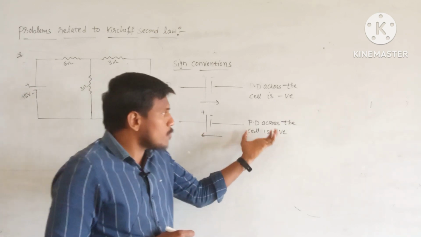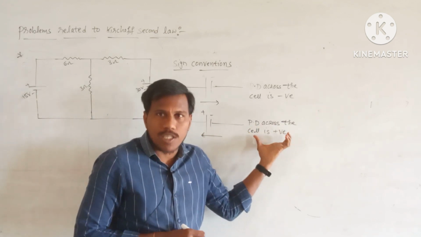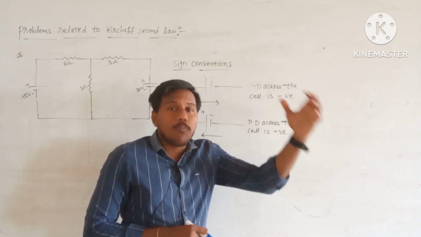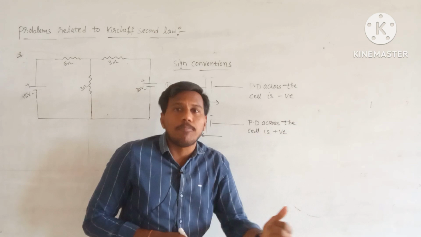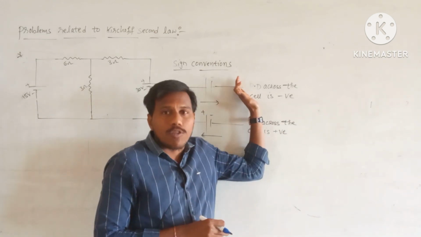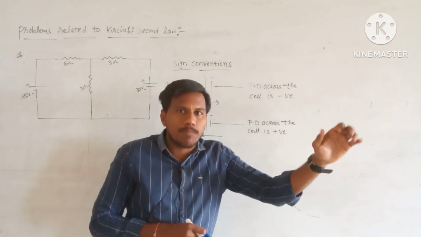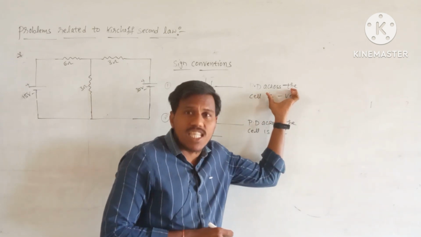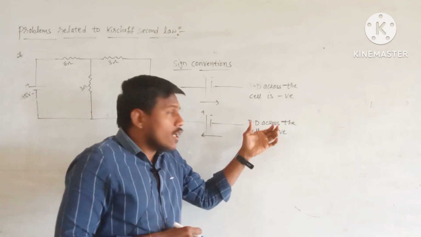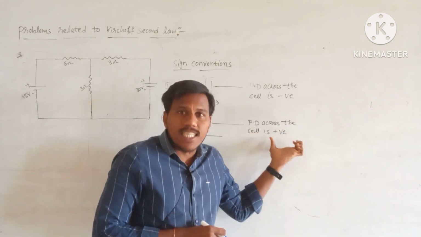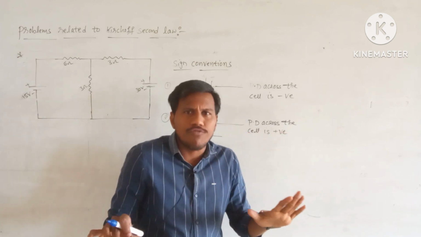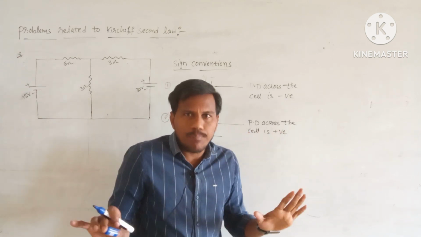Rise of potential means potential difference across the cell is positive. So when we move across the cell from positive terminal to negative terminal, drop of potential takes place. When we move from negative to positive, rise of potential takes place. Don't be confused, both are the same.